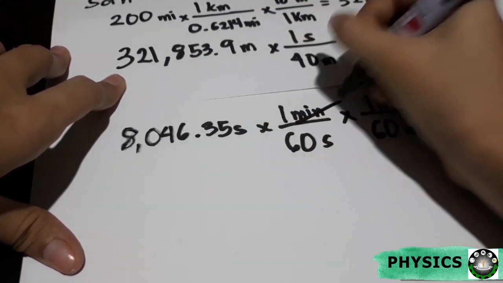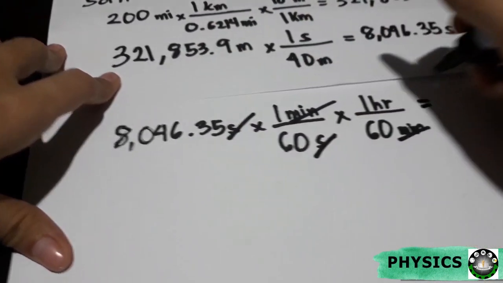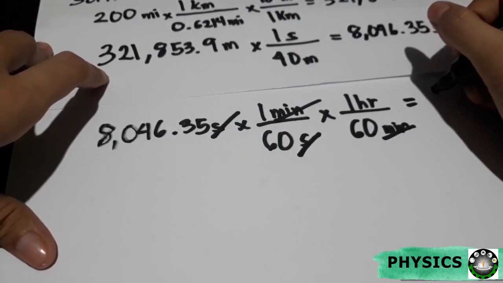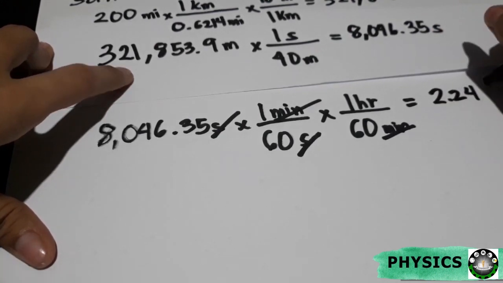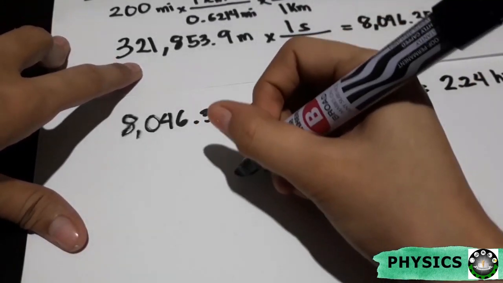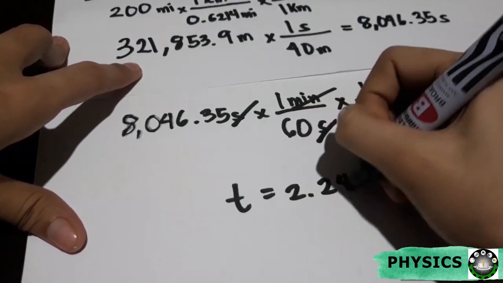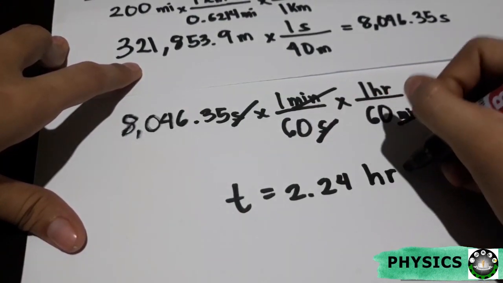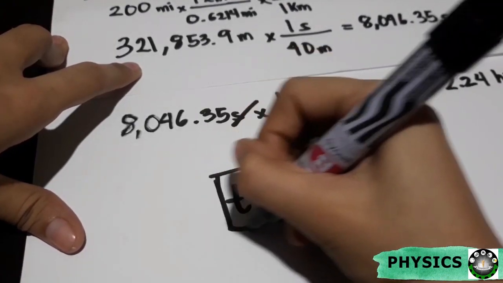Then cancel out the similar units, and then we have 2.24 hours. So the answer is time is equal to 2.24 hours.